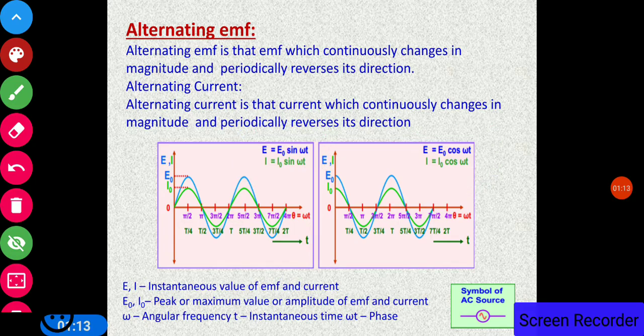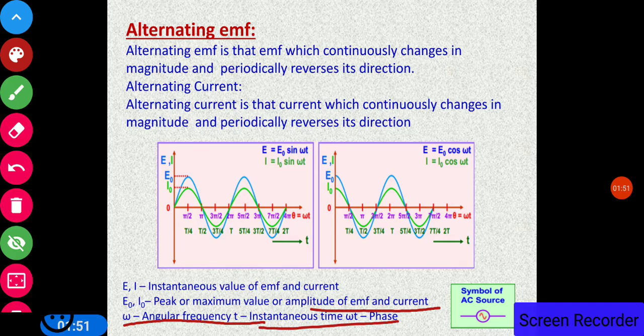So we can say that E is equal to E naught sine omega t, I is equal to I naught sine omega t, or E is equal to E naught cos omega t, I is equal to I naught cos omega t, where E and I are instantaneous values of the EMF and current, E naught and I naught are the peak or maximum values of EMF and current, omega is the angular frequency, t is the instantaneous time and omega t is the phase.